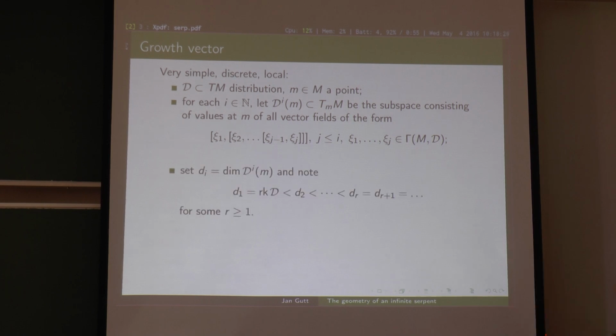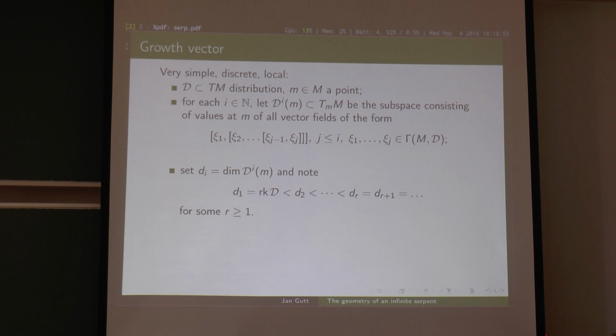So let D_i be the dimension of the ith subspace that we obtain this way. If you think about it for a moment, you see the following facts. D_1 is just the rank of the distribution. Then those numbers D_i have to grow strictly until at some point they stabilize. And once two subsequent ones coincide, they just keep being the same.